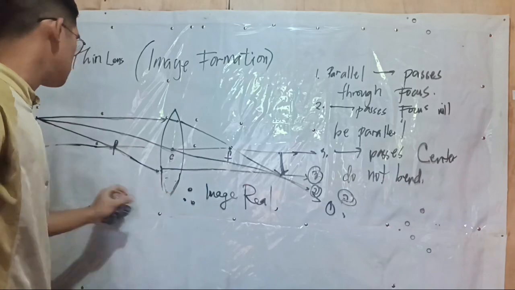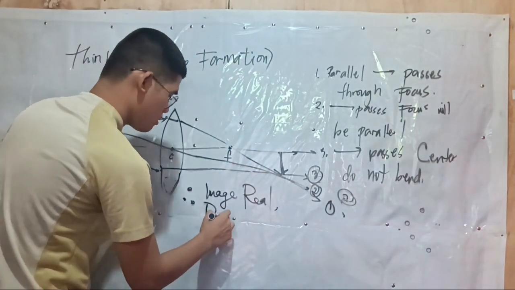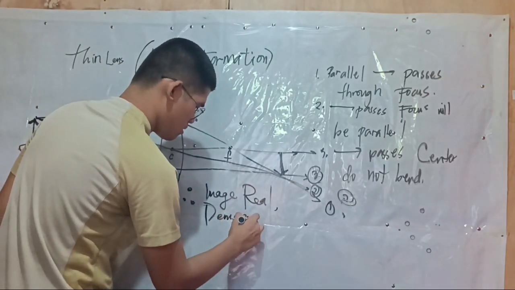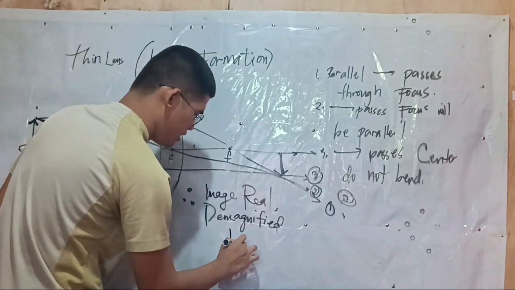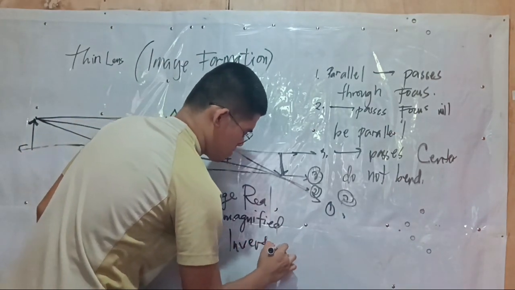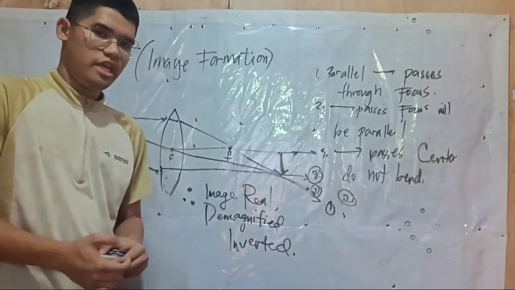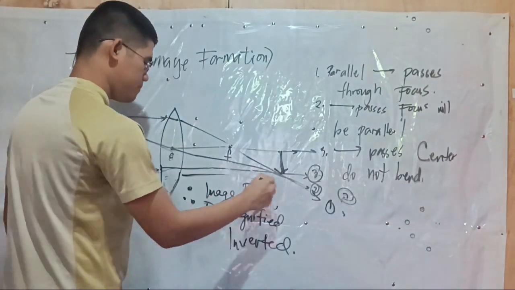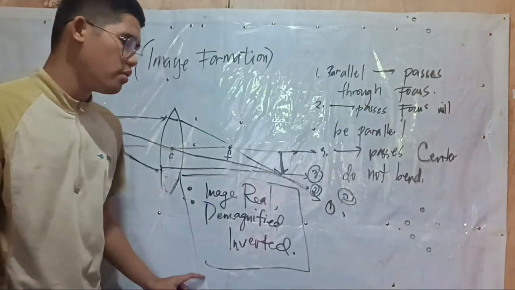Second, it is demagnified. And lastly, it is inverted. So that is the image formation in a thin lens: the image will be real, demagnified, and also inverted.